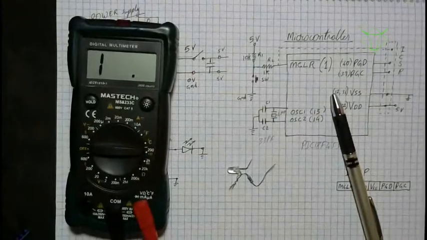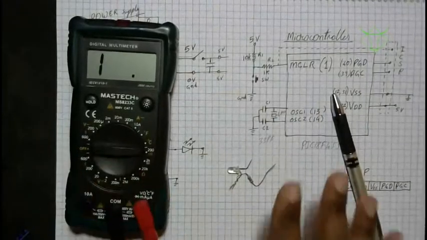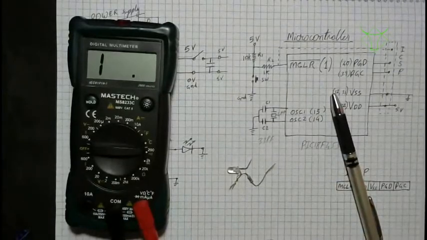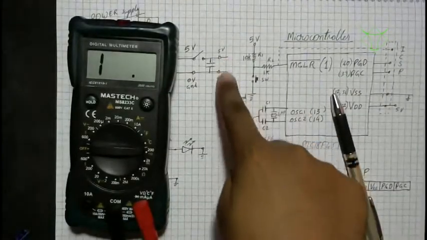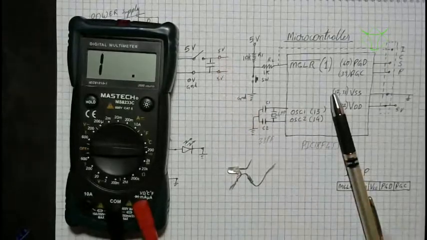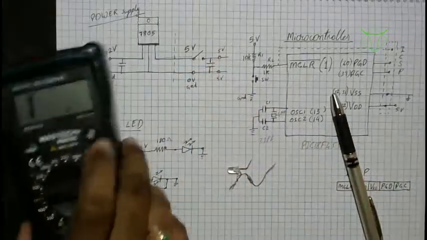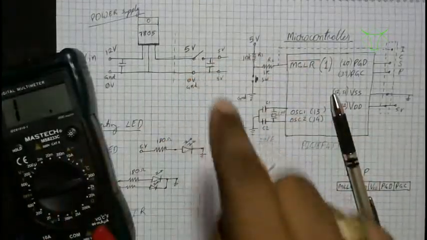Use the multimeter to check all the things, like whether the power in the circuit is correct or not. What is the voltage you are getting across these two? Sometimes there could be a short here and you are not getting the voltage. There could be a lot of issues, so take care of all those things.